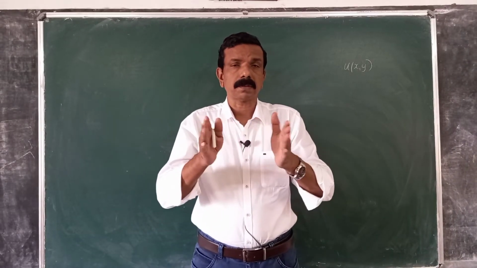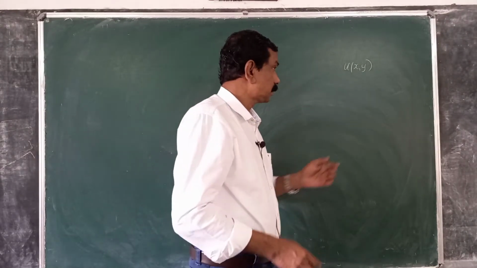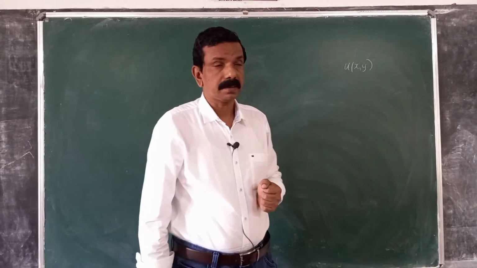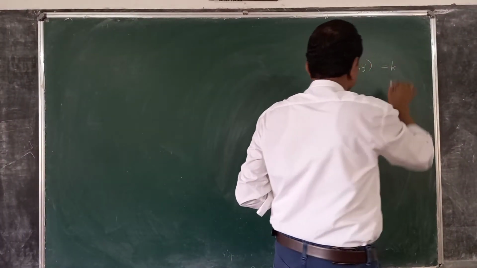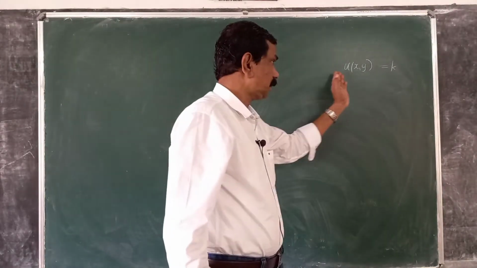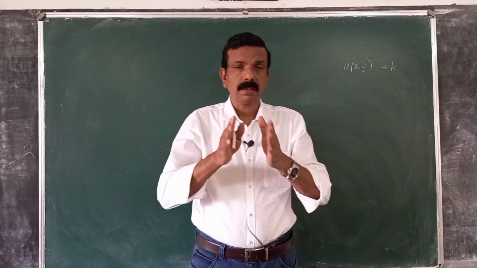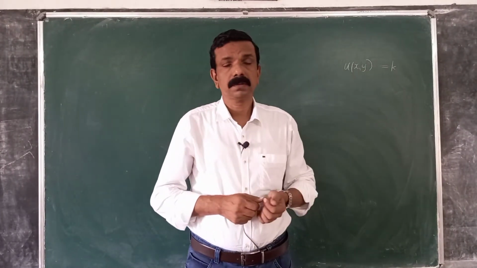You just plot all the points of u(x,y) such that u(x,y) is a constant k. Actually, it is the equation of an indifference curve.